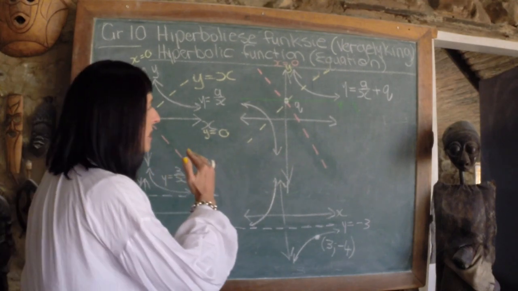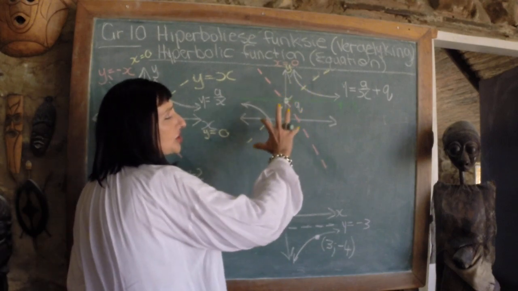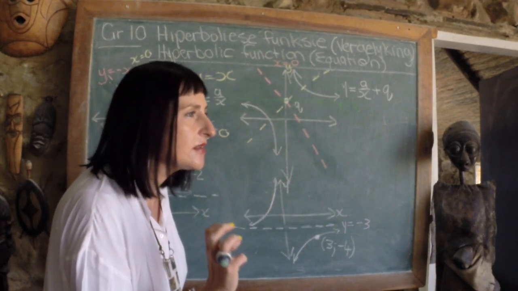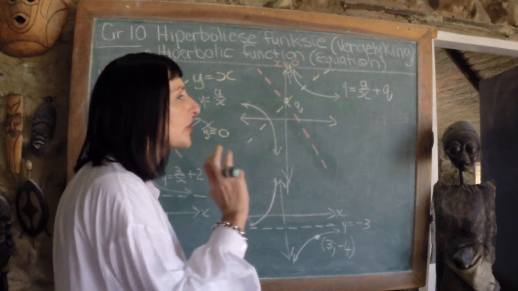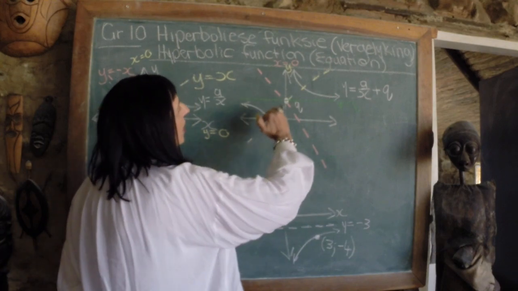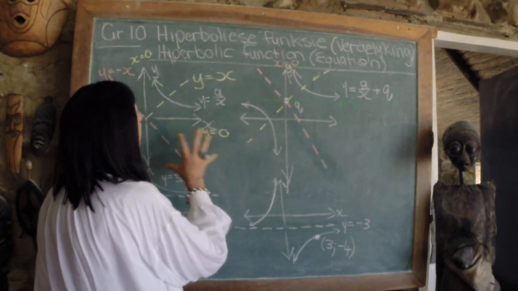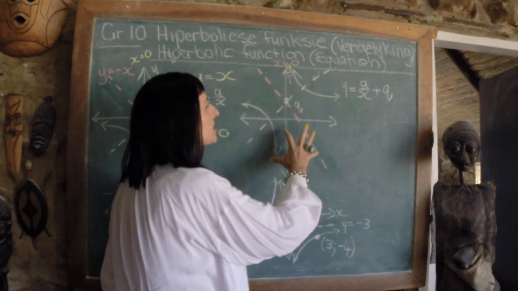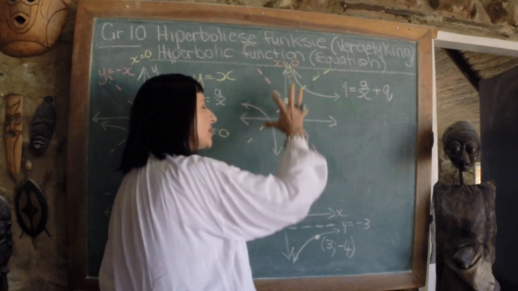Wat nou gebeur, when a hyperbola shifts upwards or downwards, then the symmetrical axis shifts with it. So my symmetriese voulyne, waar ek hom nou vou, skuif die hele stelsel ook nou saam op. The whole system shifts upwards.